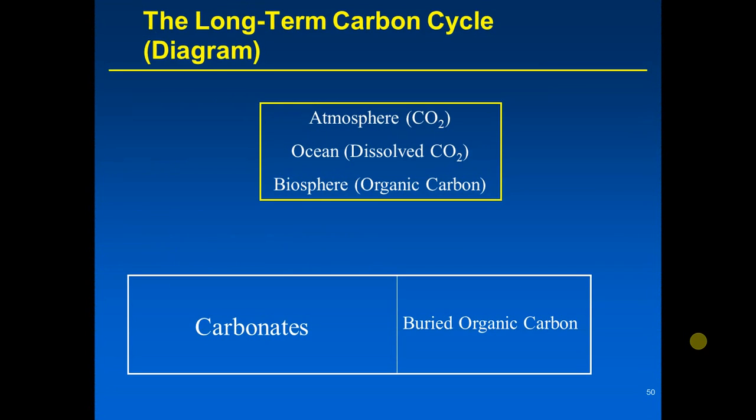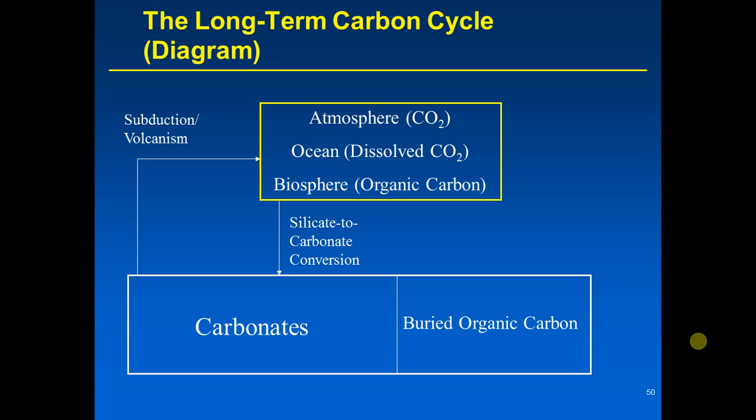So there you go. We can come back to our fancy diagram and understand that through subduction and volcanism, carbon is transferred from carbonates underground into the atmosphere, the ocean, and the biosphere, whereas material can be transferred from the atmosphere, oceans, or biosphere to the carbonates via the silicate to carbonate conversion process.